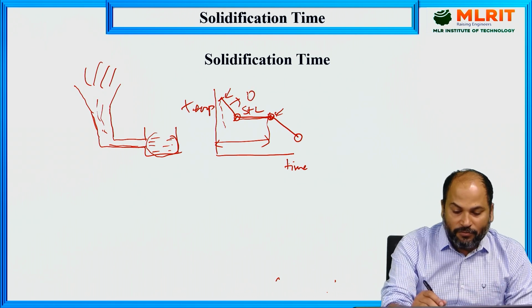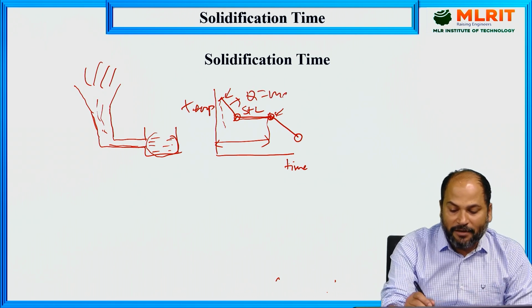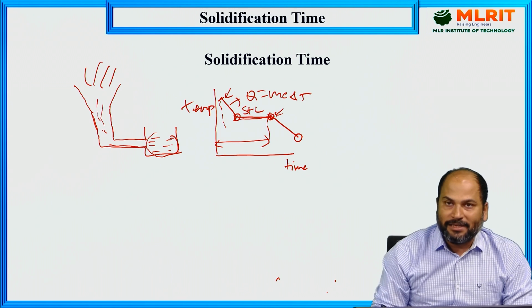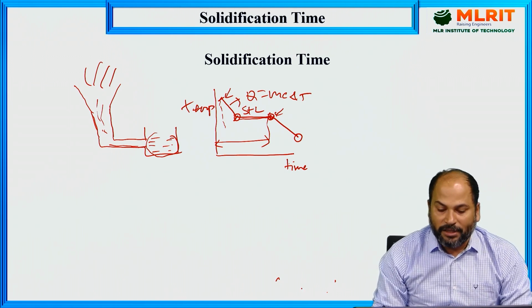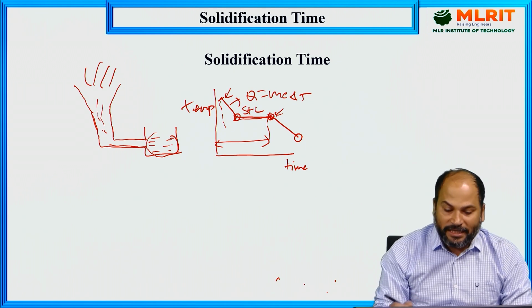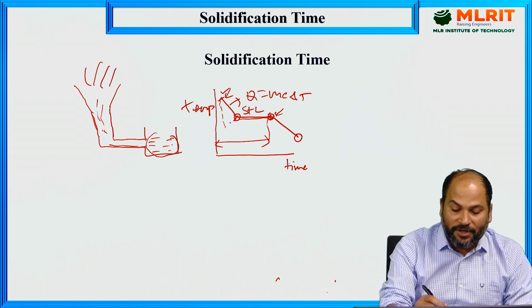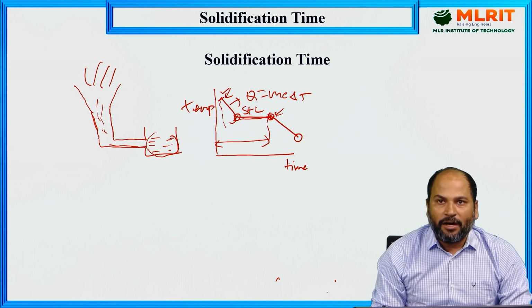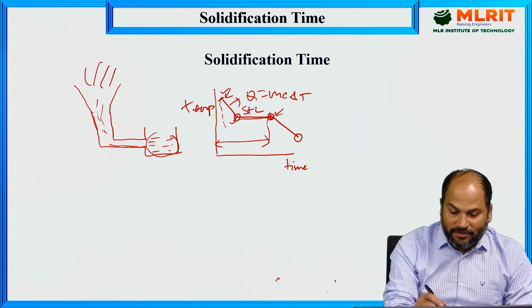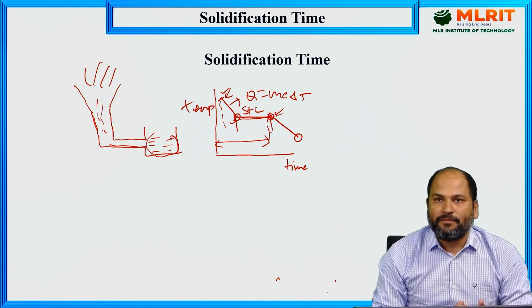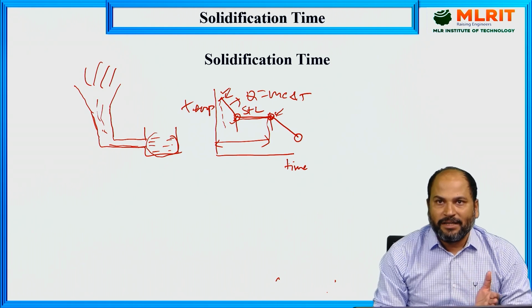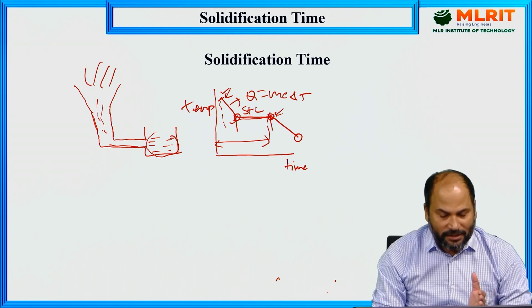We can write Q is equal to mc delta T, where m is the mass of the liquid or the molten metal that we are pouring, and c is the specific heat of the metal, and delta T of course is the temperature difference between this pouring temperature and the temperature where the freezing starts. But as we know, between these two, the material is in mixed form.